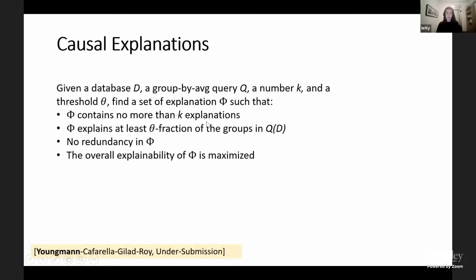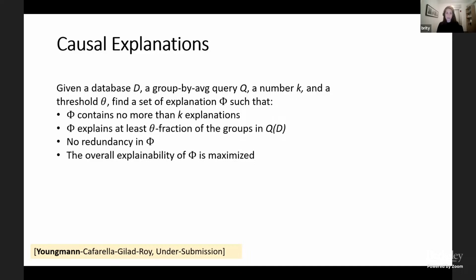So more formally, what we want to say is that given a dataset and a group-by query, a number K and a threshold theta, we want to find a set of explanations that has no more than K explanations. We want to explain at least a theta fraction of the tuples in the query answer with no redundancies. And intuitively, we want to make sure that the overall explainability is maximized.